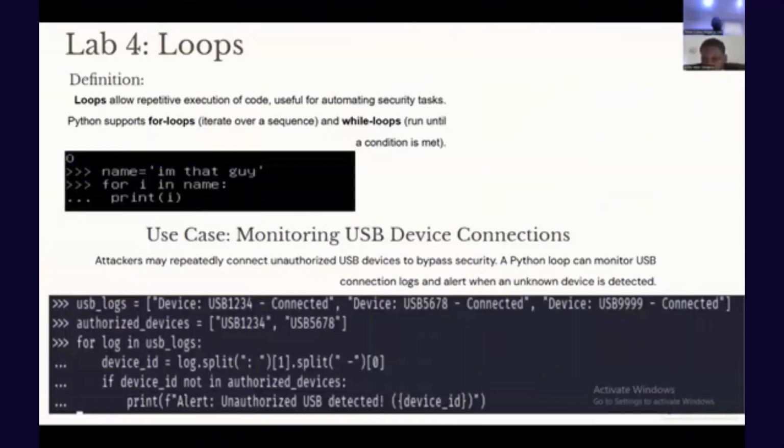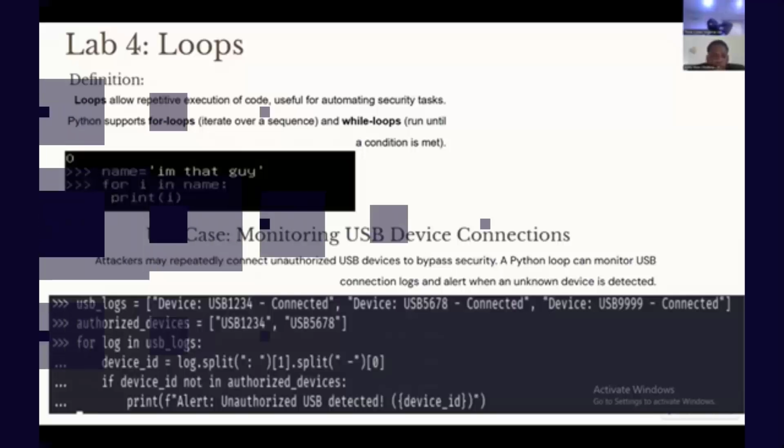Loops help us automate repetitive security tasks such as scanning networks, processing logs, and monitoring system activities. In cybersecurity, automation saves time as it improves efficiency. For loops basically allow us to iterate over a list of logs, checking multiple entries for security.